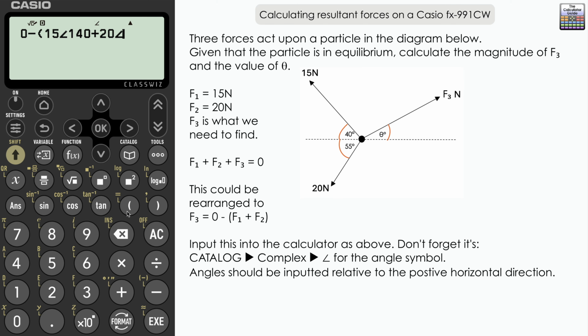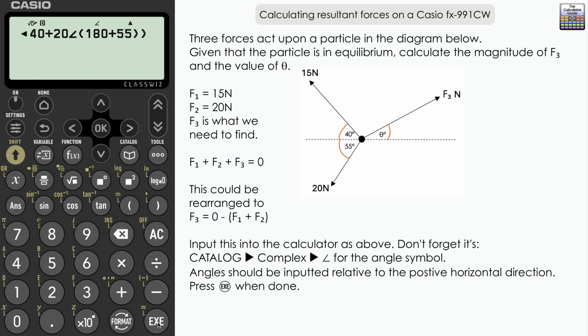In brackets, just so the calculator recognises this as being theta, 180 plus the 55 will show the reflex angle that goes anti-clockwise from the positive horizontal. Potentially, you could input that as negative 125 degrees as well, which would refer to the force travelling in the same direction. So close that bracket there and close the second bracket to contain our F1 plus F2.